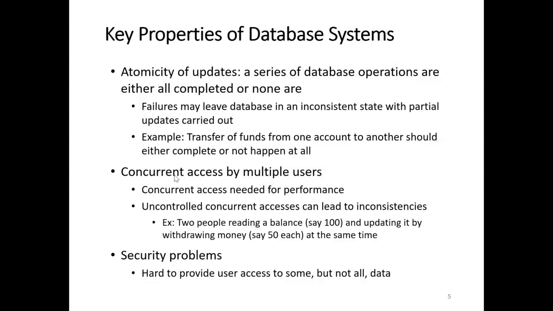If they happen to access the same data item in the database, then you have to control their access so that the final outcome for each user or application will be correct. And the final outcome is similar to every user's or application's transaction being executed in sequence. So when one is done, then the next one will start, okay? So that's the overall outcome.